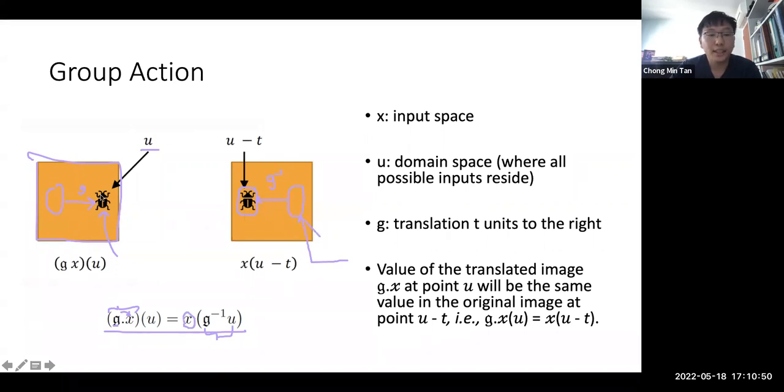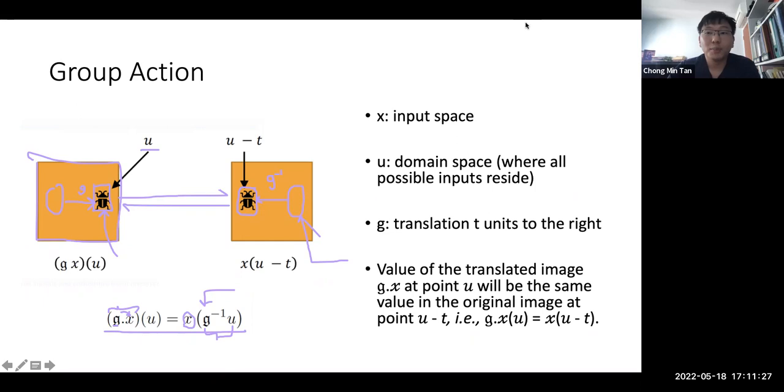So even if you do the transformation to your input, as long as you do the inverse to your domain, you get back the same. You still look at the same patch, although you did the action to it. This property says that a translation on the domain can be matched by an equivalent translation in the input space X in order to get back your translation.